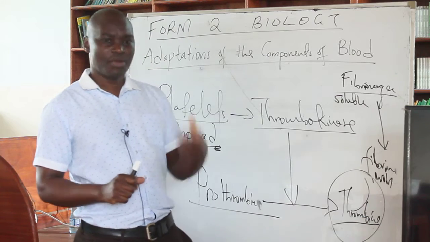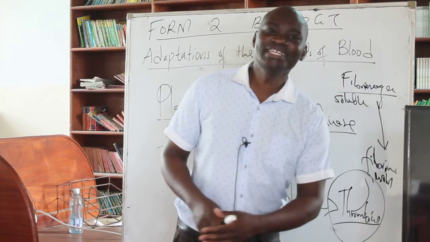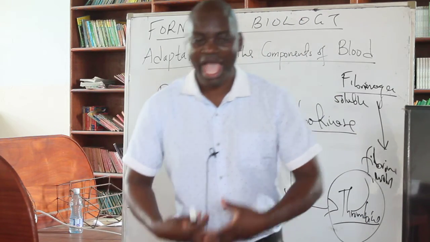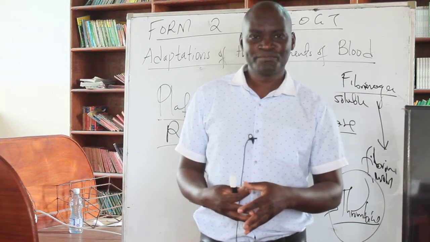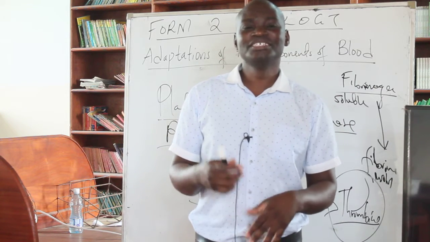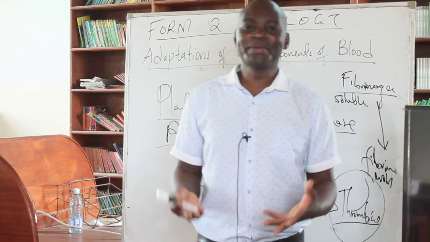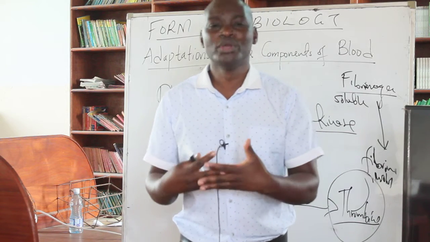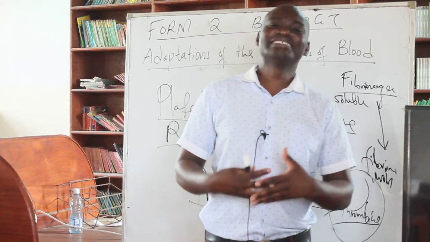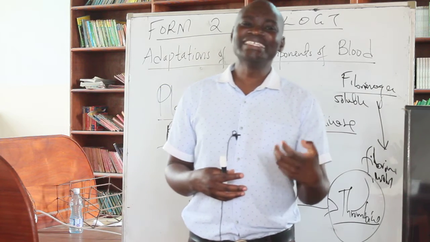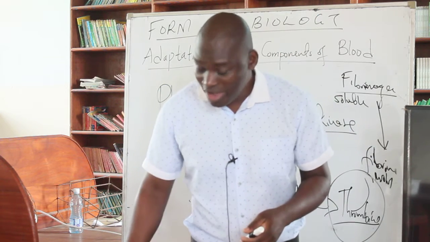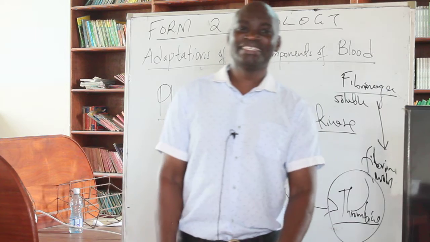So that is why we say that fibrinogen is highly sensitive. How is it suited to perform its function? Because its function is to be converted to fibrin and then block the wound. So it is highly sensitive to thrombin, whose presence changes it into insoluble fibrin.